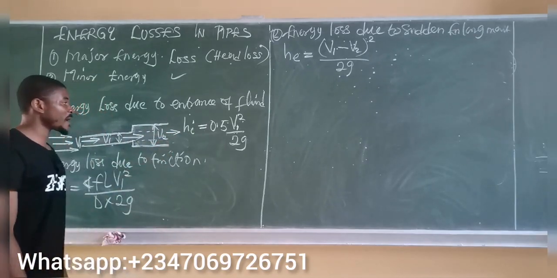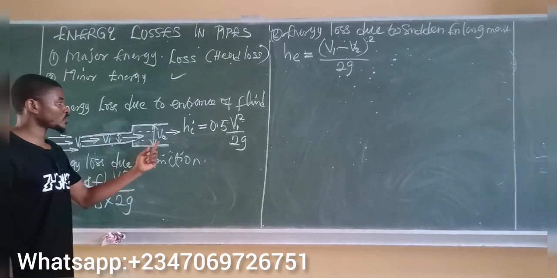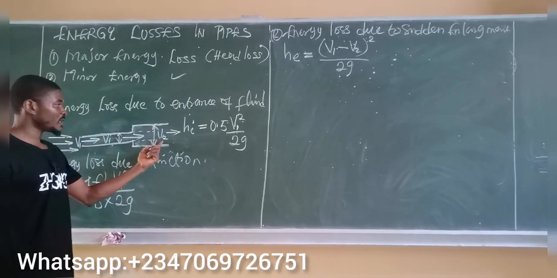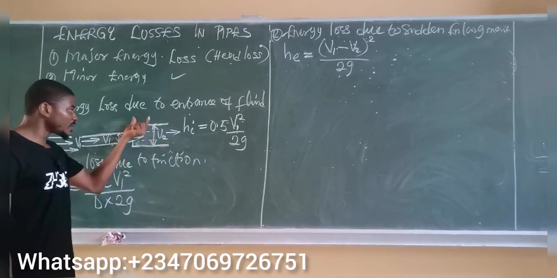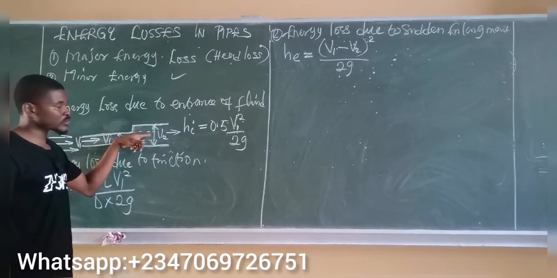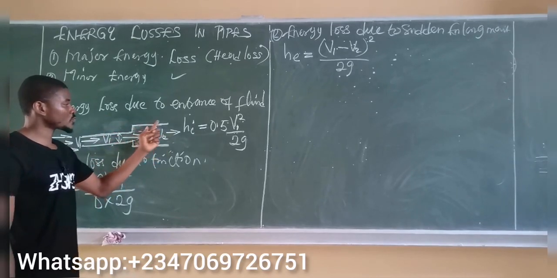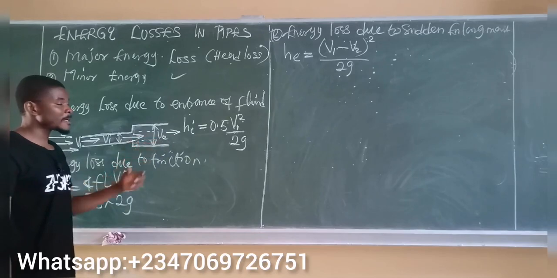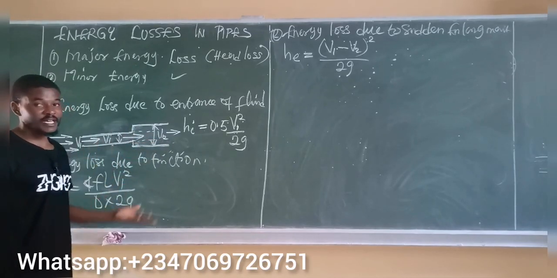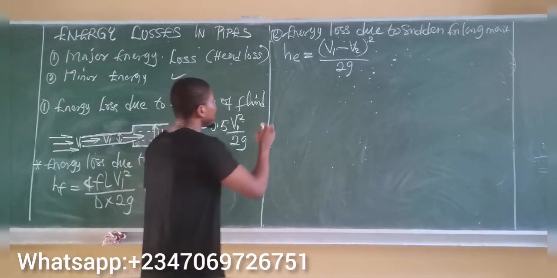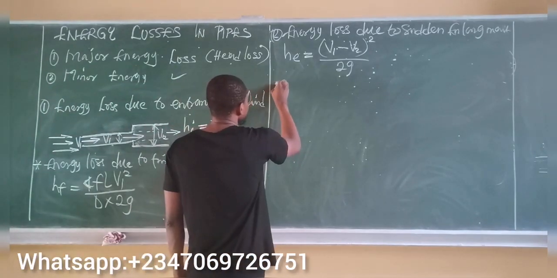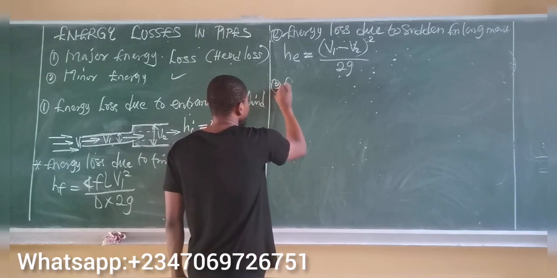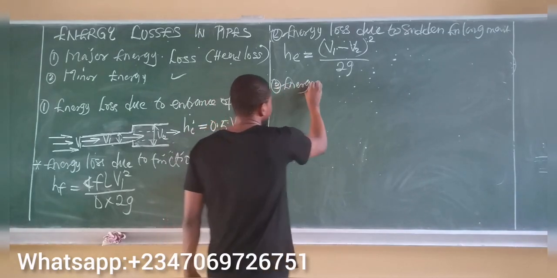And if it is exiting the pipe, it is exiting with this same speed, V2, because this is the speed which it has in this particular pipe. Now, the energy loss at this point is called energy loss due to exit. So we have another energy loss there. That's the third minor energy loss, called energy loss due to exit.